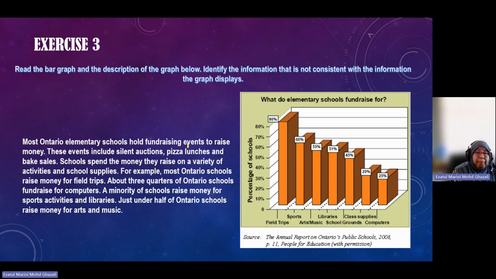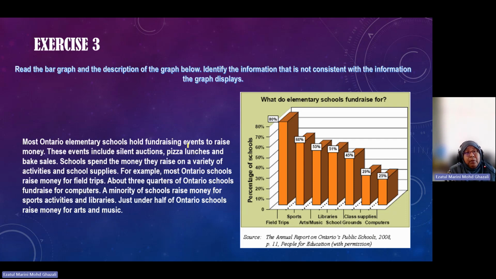If you look at the graph, the y-axis shows the percentage. The source of this graph is the annual report on Ontario's public schools 2008, page 11, under the category of people for education, and this is with permission.